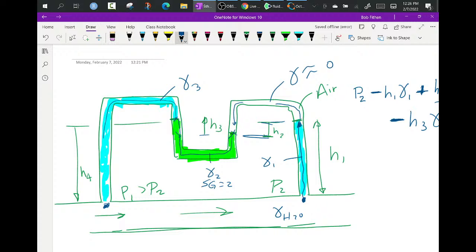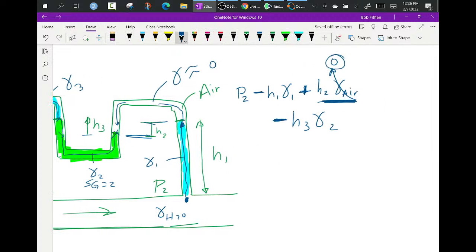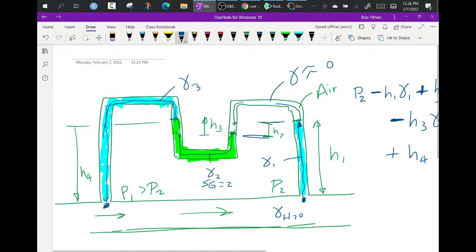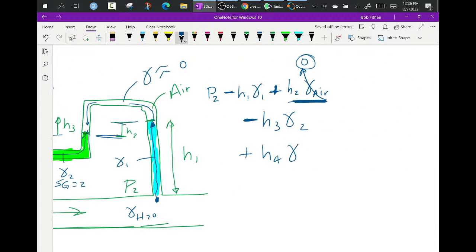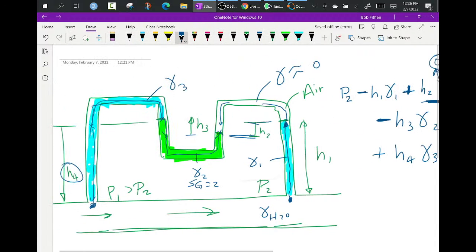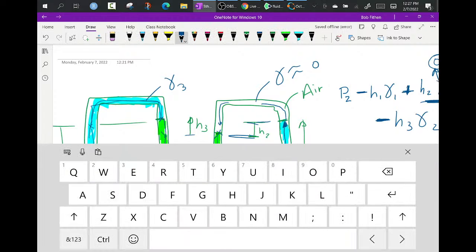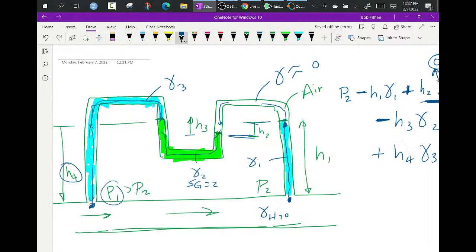And so we do go up to here, and then we continue back down. Continue back down, is it H4? Yeah, it's H4 through gamma 3. And we arrive at P1. We arrive here at P1.